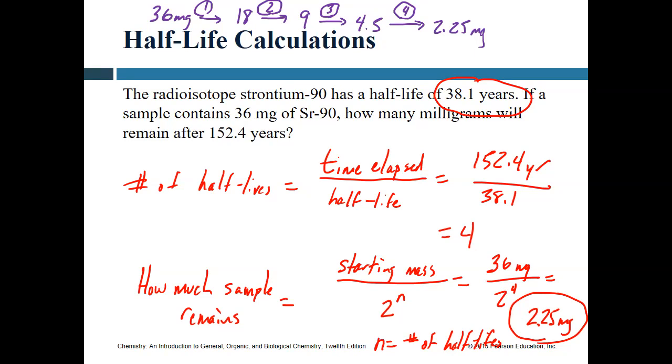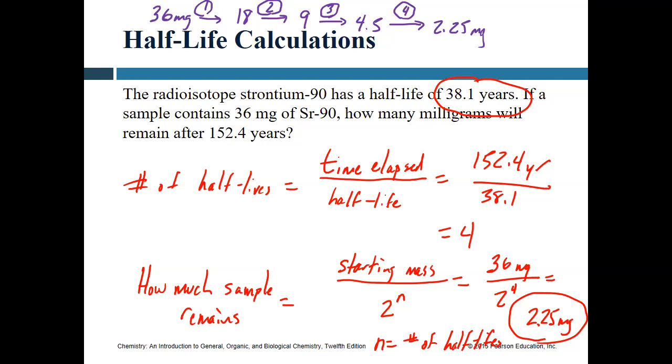I mean, I know it's 16, but you can go either way with it. But these are the kinds of steps that you'd have to do for these calculations. Figure out how many half-lives there are. Use that to figure out how much sample is left.